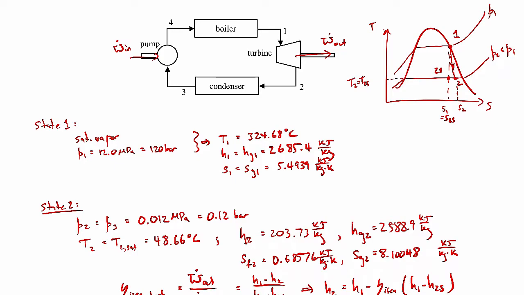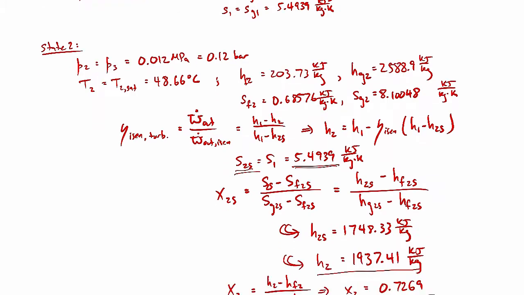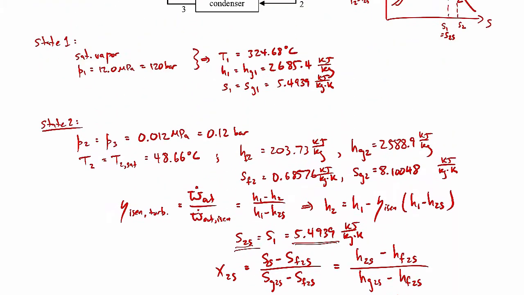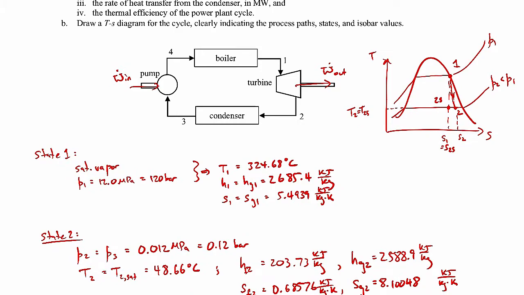Okay, so now we have our specific enthalpy for state 1 and for state 2. That'll be useful for when we apply the first law to a control volume surrounding the turbine, so we can use that information to find the power coming out. All right, let's continue on and find properties at state 3 and state 4.